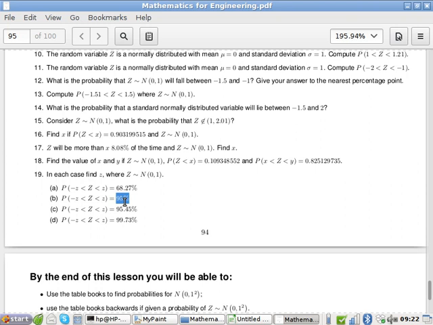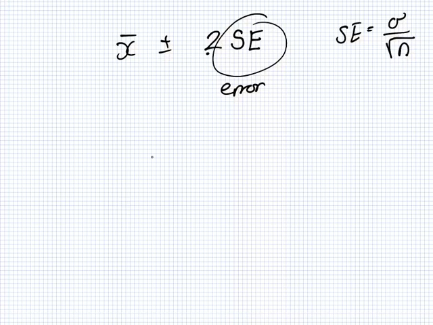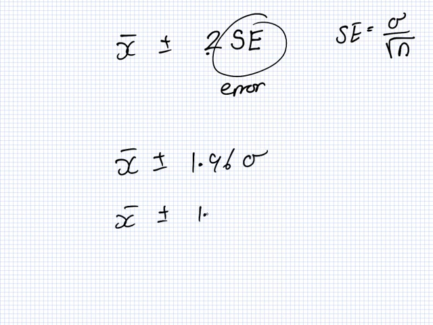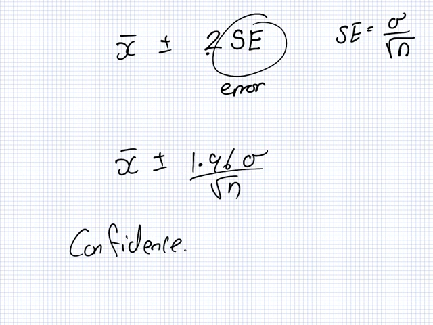1.96. So, if you use your average plus or minus 1.96 standard deviation, or in other words, your average plus or minus standard deviation over root n, you've made something called a confidence interval.